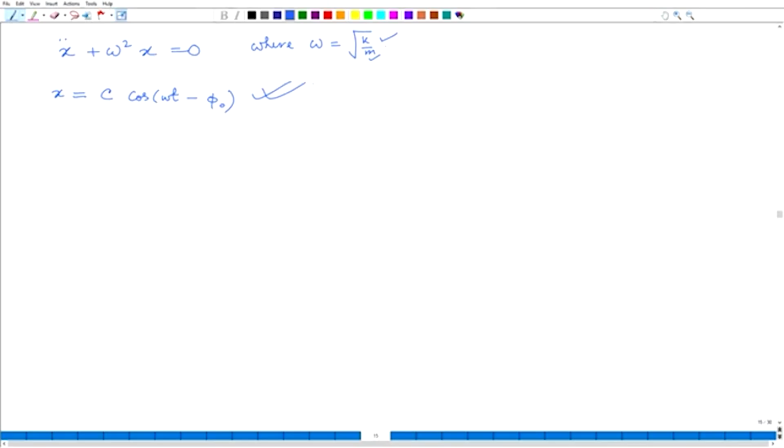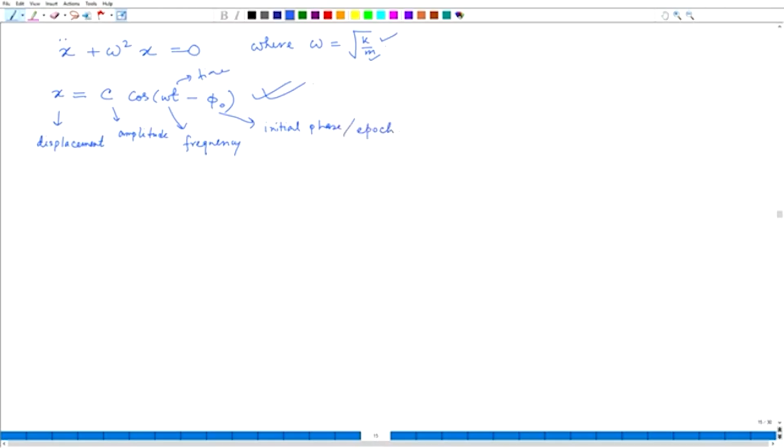Now I will tell you some vocabulary. This is the displacement, this is the amplitude, this is called the frequency, this is time, of course, the independent variable over here, and this is called the initial phase or epoch.